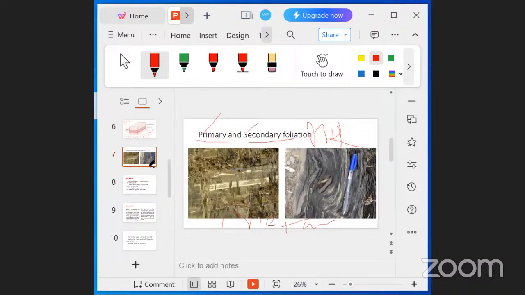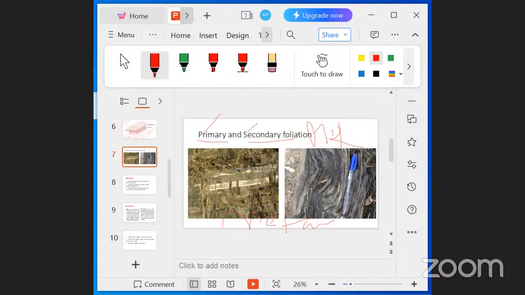Now, intrusion and deformation. Intrusion. Igneous bodies can be extrusive or intrusive. We studied this in the previous semester, the third semester, so we know what extrusive and intrusive rocks are.